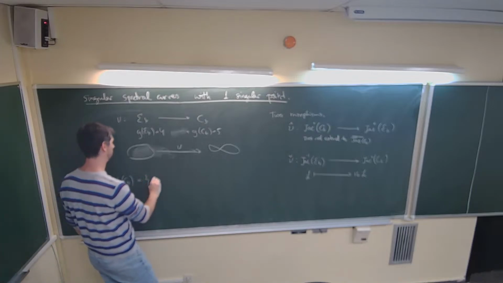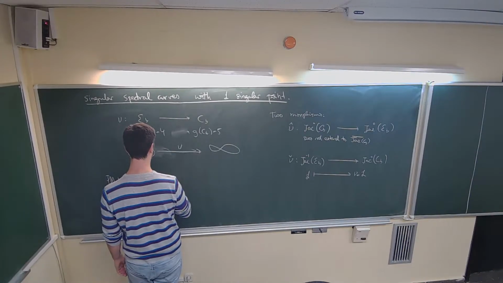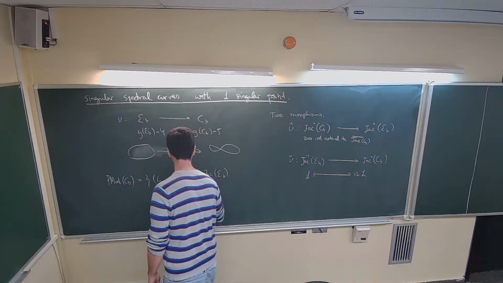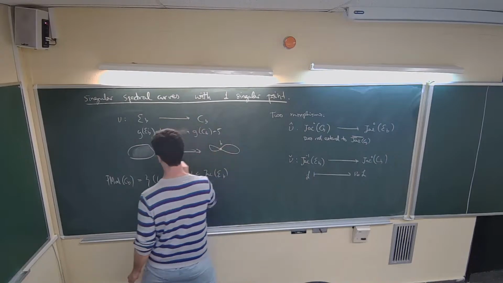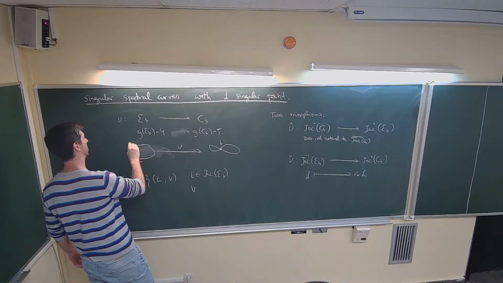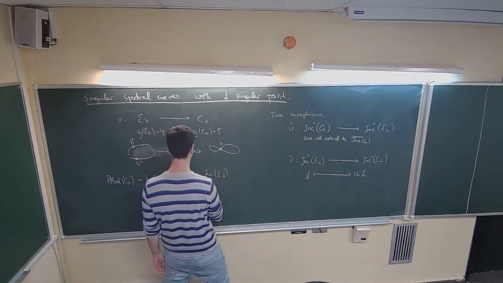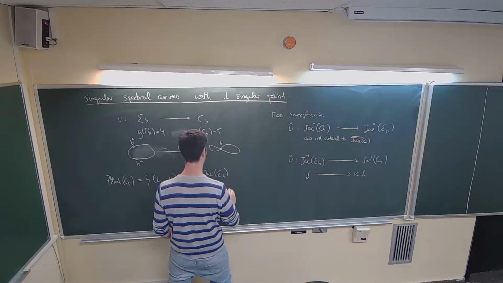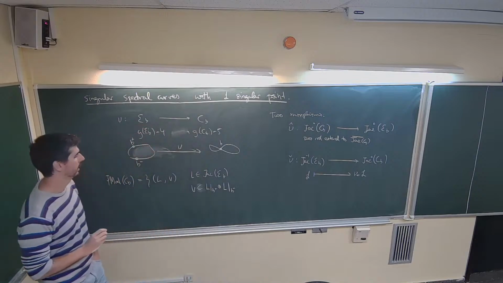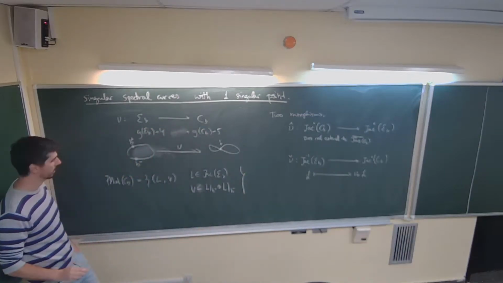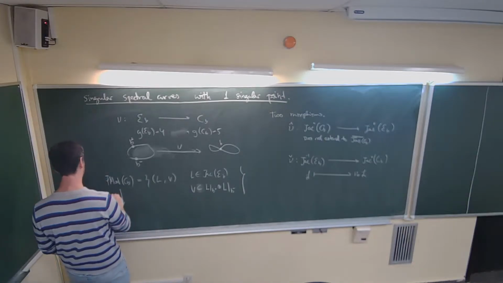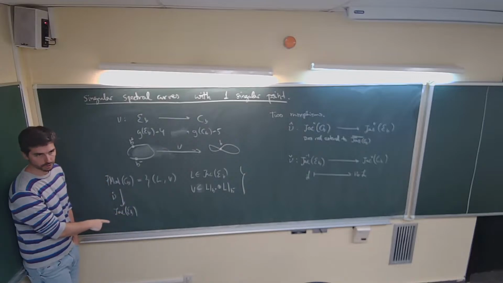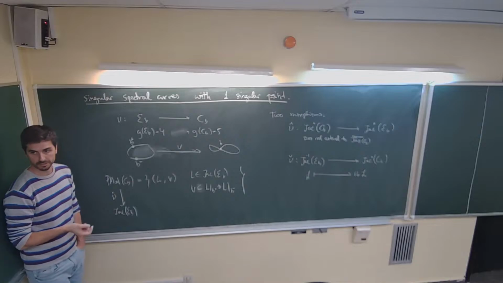Parabolic modules are given by pairs of a line bundle L over the normalization, and a subspace V. If this is the point b, the pre-images are going to be called b plus and b minus, and V is going to be a subspace of the restriction to b plus of L and the restriction to b minus of L. By construction, this comes with a morphism to the whole Jacobian of sigma. We just forget about V.